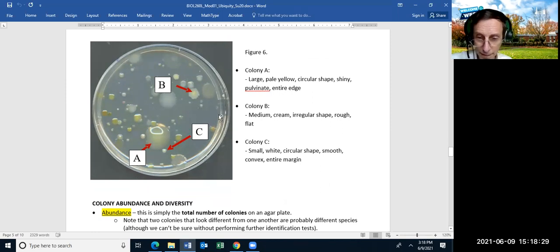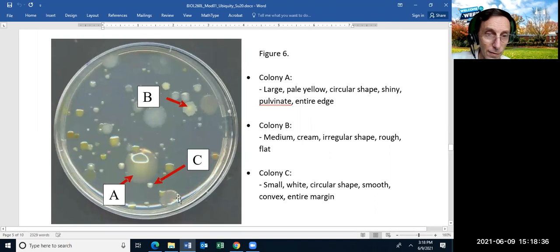Let me see if I can find another irregular. Oh, that didn't work. Well, there's an irregular colony. That one is slightly irregular, but most of them are circular. Like that one's circular, that one's circular, that one's circular, that one's circular. At least in this picture.